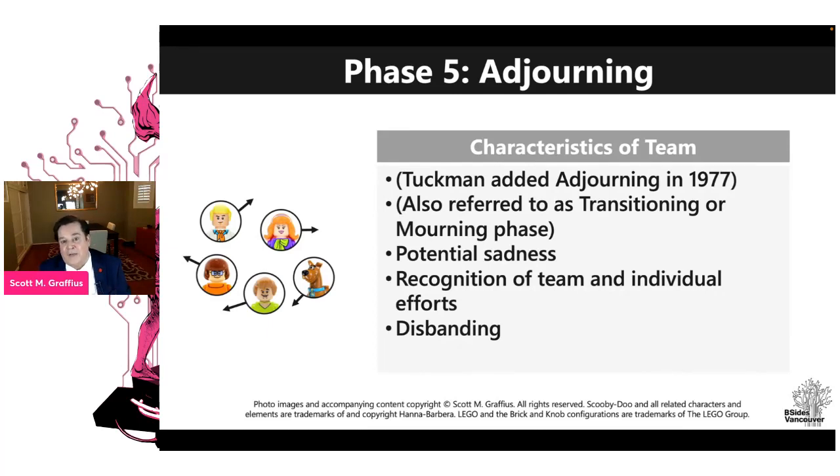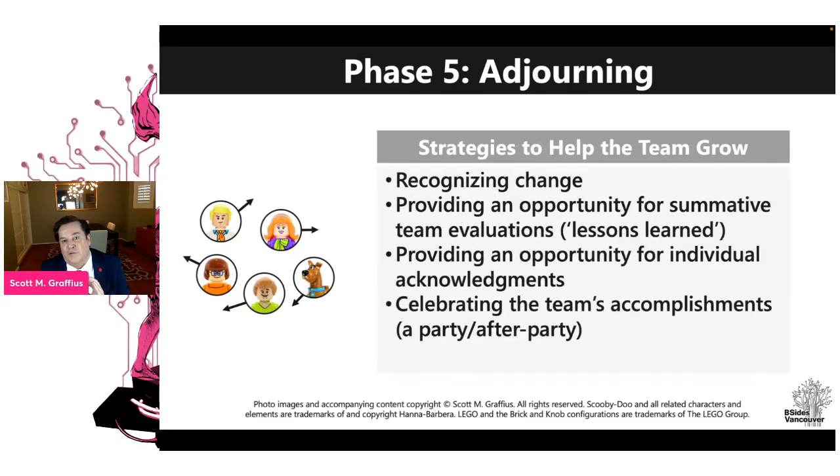Some people can actually experience simultaneous conflicting emotions of satisfaction from the success of the work, the hard work and diligence of the project, and at the same time sadness that it's all over. Because that's a possibility, it could be viewed as the mourning phase, but it isn't necessarily. So let's just call it adjourning, because that's what Dr. Tuckman called it.